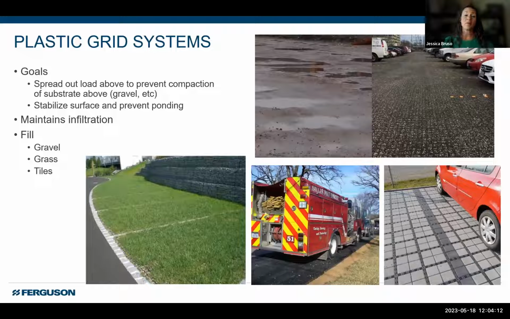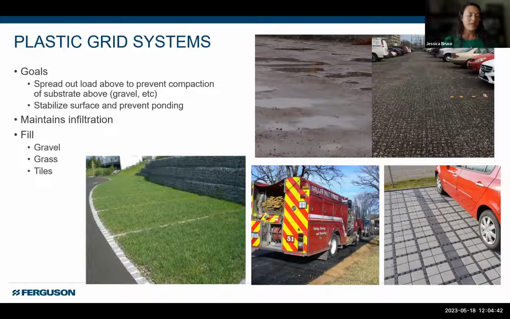And over time they become compacted and they have these ponding issues everywhere and nobody really wants to park there. So they help to stabilize that surface. You can see the difference in the upper picture between the left and the right of those two. So putting these down again makes a smooth walking surface and can delineate spaces that way. But that's going to be maintaining that infiltration. So preventing compaction, stabilizing surface, maintaining a good infiltration rate of whatever the gravel is really.